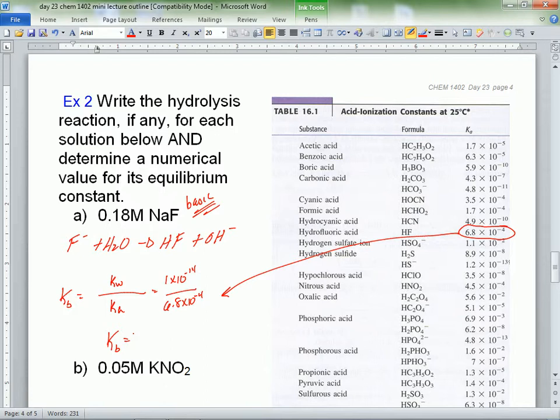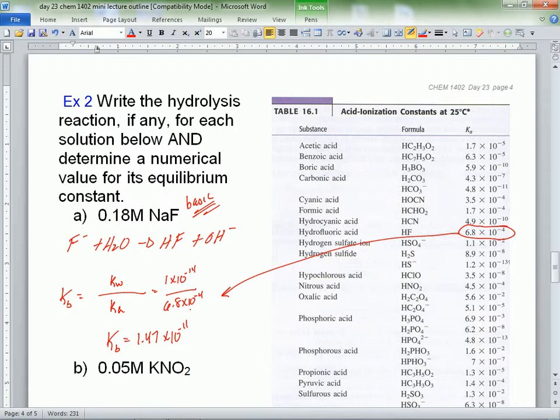Like 1.47 times 10 to the negative 11, about. So for A, make sure you can get about 1.47 times 10 to the negative 11 for your Kb.